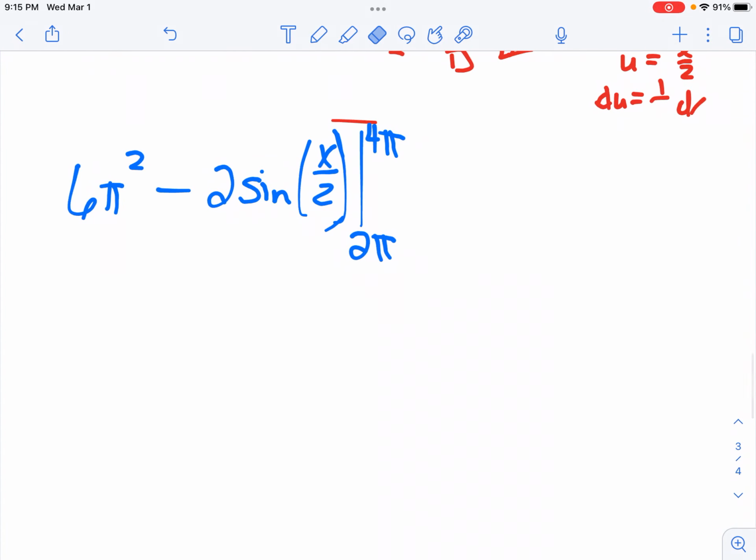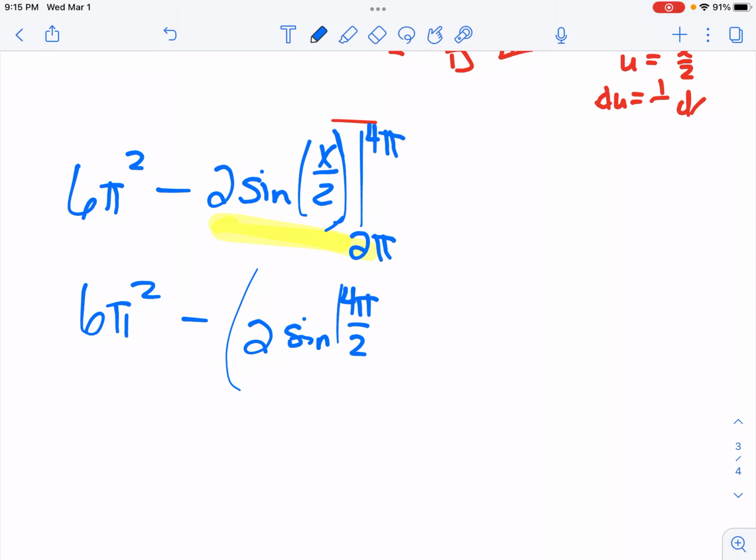Okay, I'm going to work on this part, which is just evaluating the integral. So that's 6 pi squared minus, I'm going to put in the upper limit of integration, 2 sine 4 pi over 2, minus 2 sine 2 pi over 2.